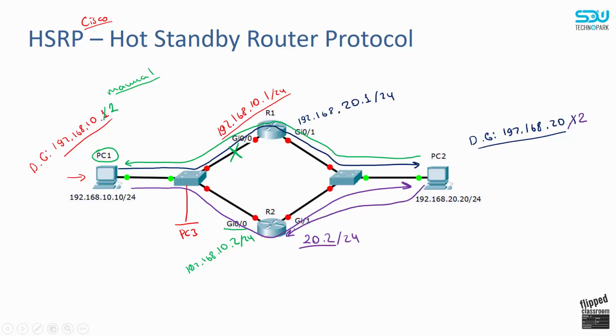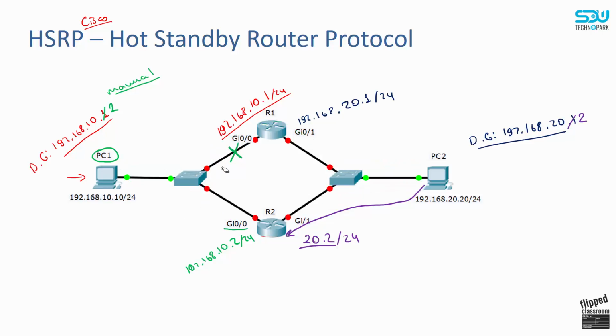Well, you can solve this problem manually, as I showed you, or you can use the services of the HSRP protocol, which does the same job automatically. And how does it work? Let me delete this part and this.